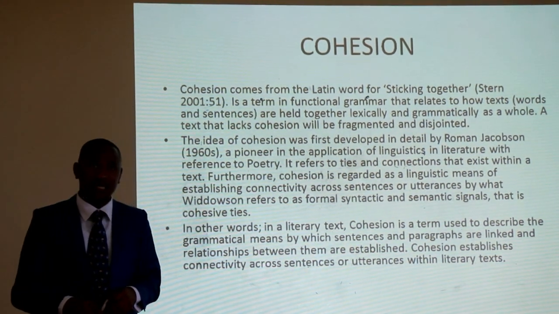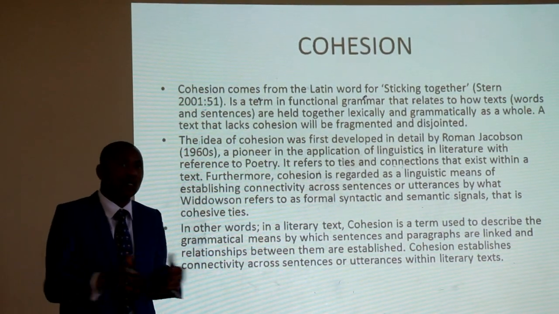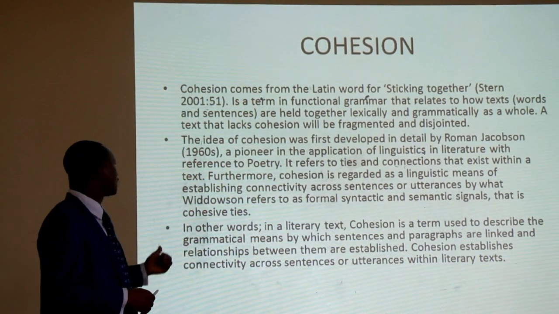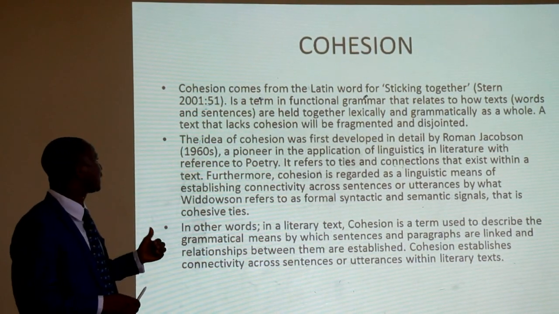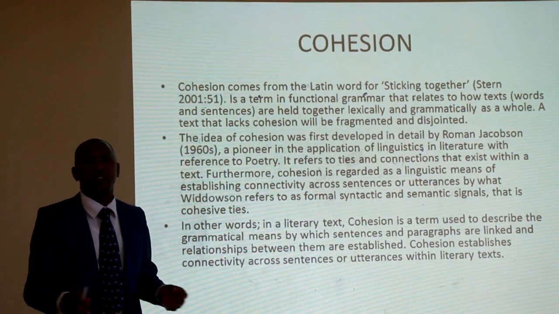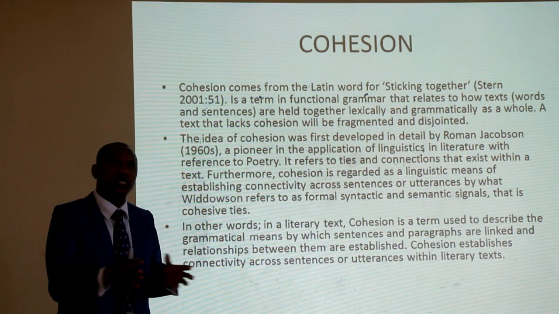A text that lacks cohesion will be fragmented and disjointed. You have seen examples of sentences that lack cohesion. They are disjointed, they are fragmented, they do not relate to one another.